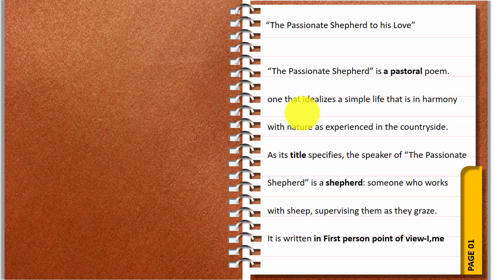So just from the title, we can expect to be talking something about love, and that this shepherd is very passionate about what he is about to say. So Christopher Marlowe decides to use first person point of view, and that means that he will be talking in the words of I and me in the poem.